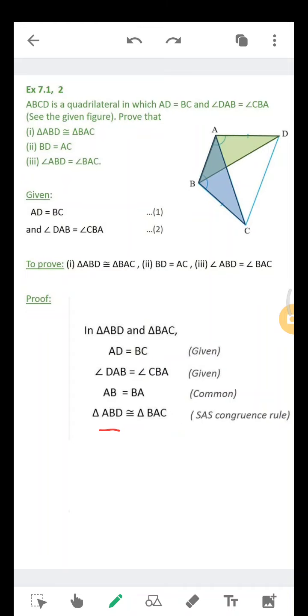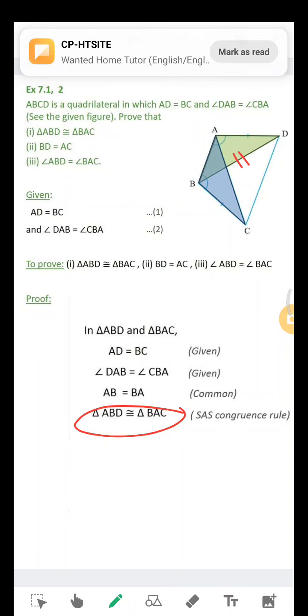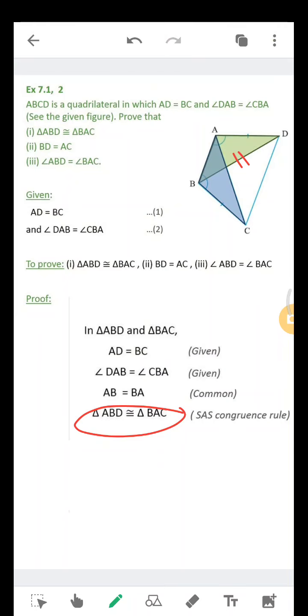Now what do you say about the other parts? When these two triangles are congruent, what do you say about BD, this part, and AC? We can say that the remaining parts are equal by CPCT. Okay, so I can say BD is equal to AC, the second bit, and the third bit I can directly prove by CPCT.